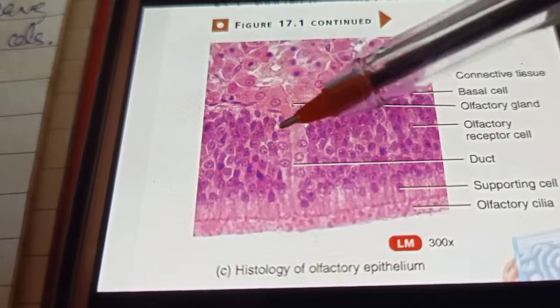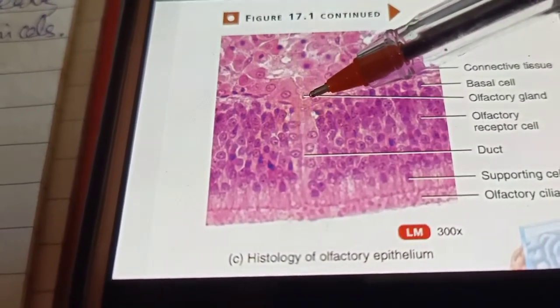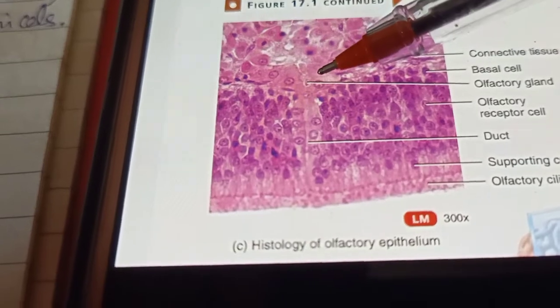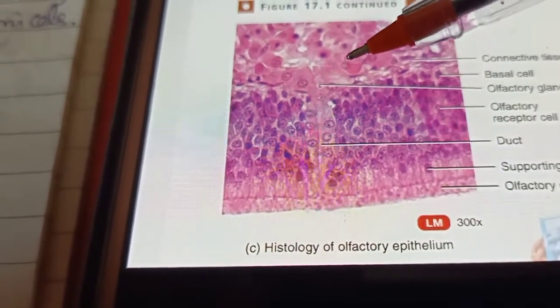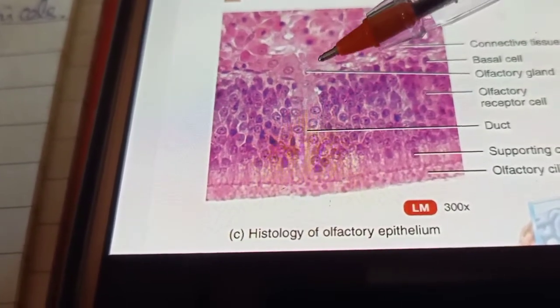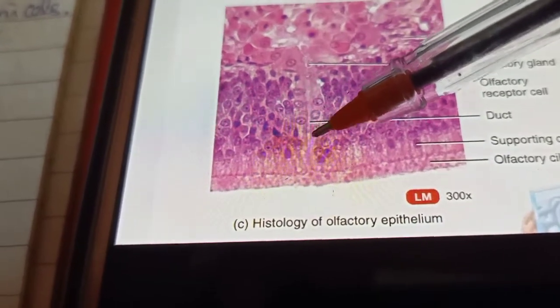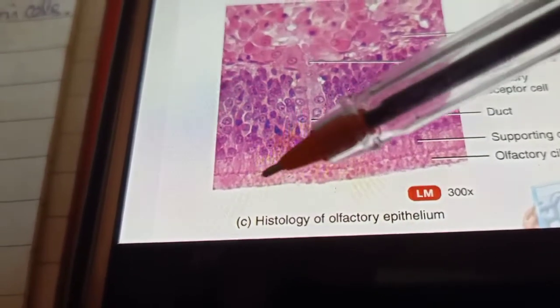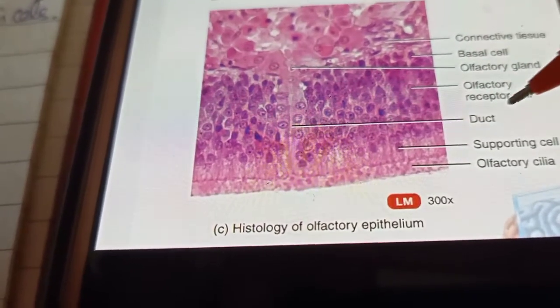You can see in the connective tissue the olfactory glands, which are also known as Bowman's glands, and they produce mucus that is carried to the surface of the epithelium by ducts. So olfactory glands secrete mucus which is carried to the surface of the epithelium with the help of the olfactory duct.